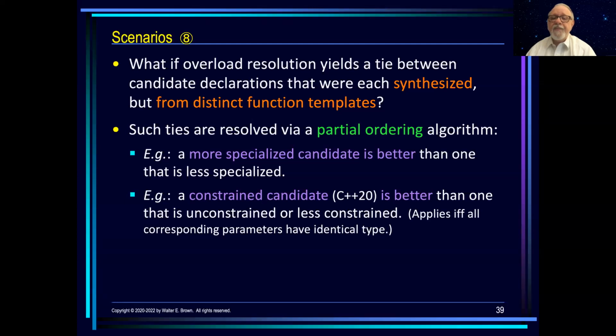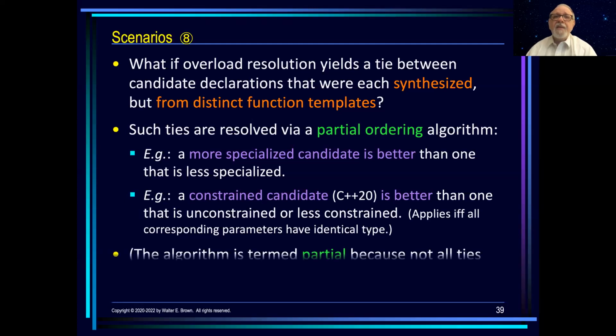By the way, the reason this is called partial ordering is because we cannot break all ties this way. We can often break ties, but not always. So it's partial ordering. When partial ordering succeeds, overload resolution is deemed to have succeeded. Otherwise, overload resolution is deemed to have failed.